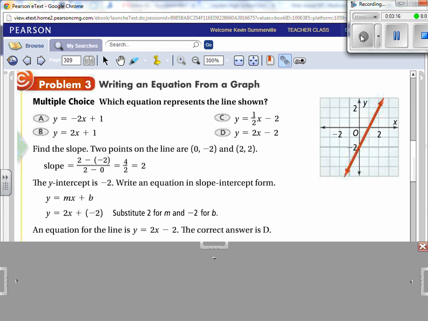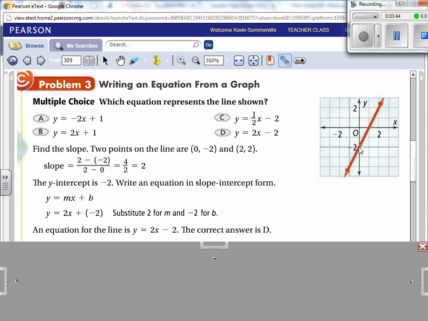Let's take a look at problem 3, writing an equation from a graph. Looking at this graph on the side here, you can tell that this red line goes through the y-intercept at negative 2. So your y-intercept is negative 2. You can also find out what the slope is of this line by finding out where it crosses the points on your graph.